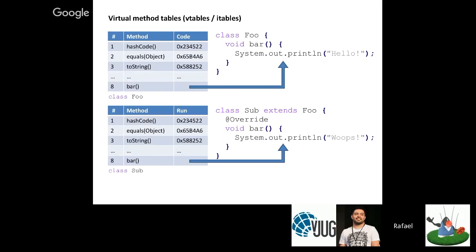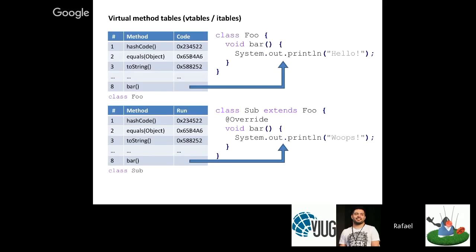And one very nice thing about single inheritance programming languages is that you can guarantee that the method always has the same index. That's not true for itables, for interfaces, where you don't have a strict overriding hierarchy, but it's basically the same idea. And basically every time you would invoke a method, you would need to first find out what class we have for the instance.